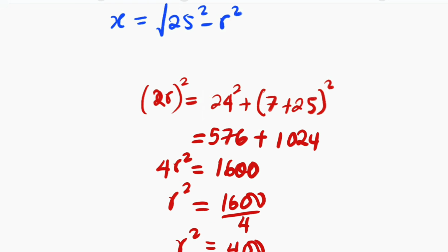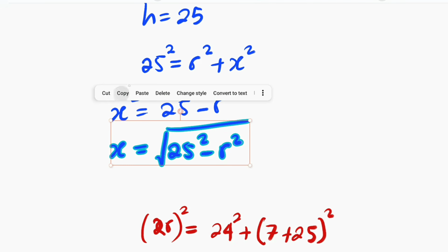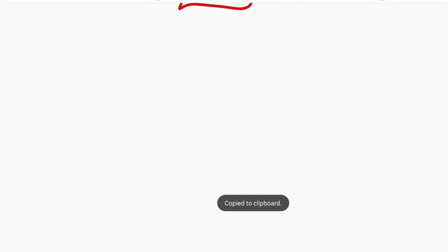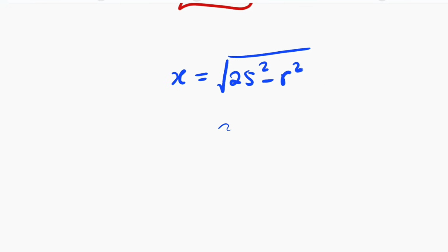So let's go back. Remember, we have established the relationship that can help us to find the value of x. So this is, let me just copy this one and continue. Therefore, x is equal to the square root of 25 squared minus 20 squared, because r is 20.